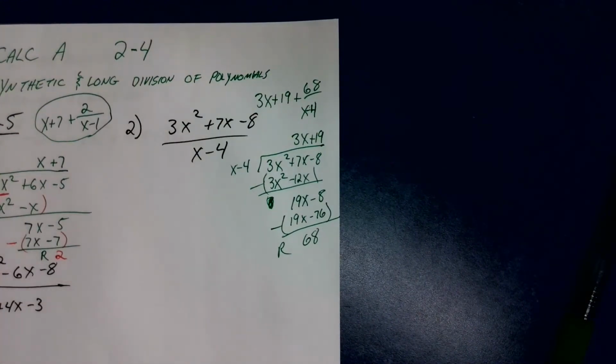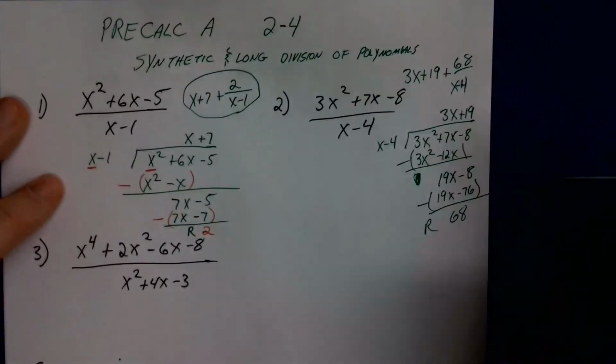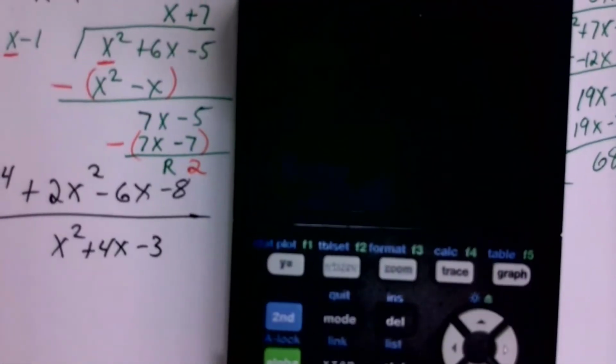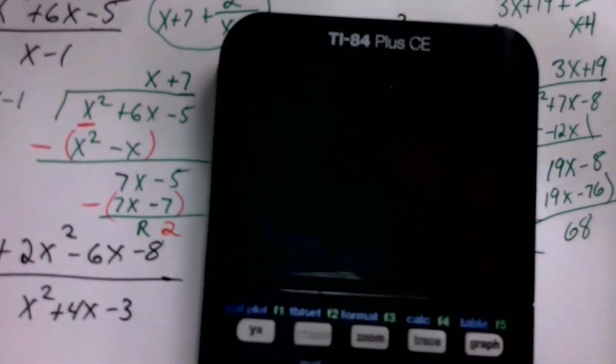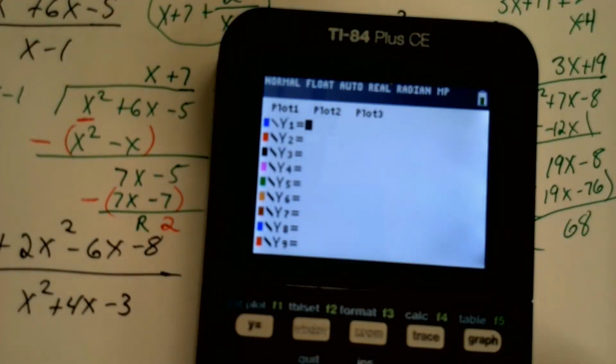So I'm going to take a quick little break right now and kind of show you some stuff on the calculator just to make sure that you guys are in agreement with it. And hopefully this will be okay for you. So step number 1, turn it on, y equals, and you guys have got to be getting good at this, right?